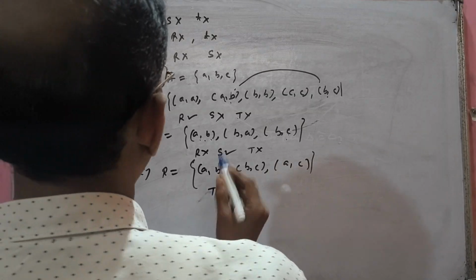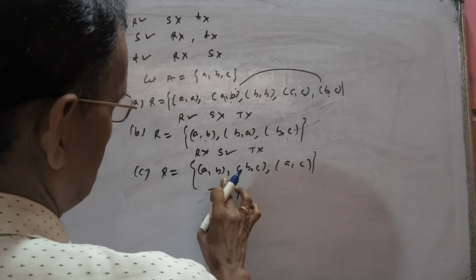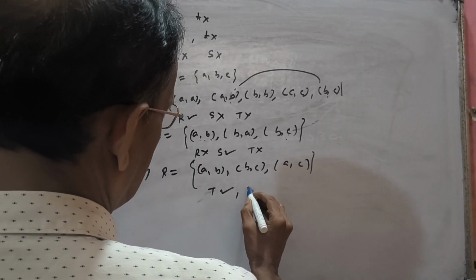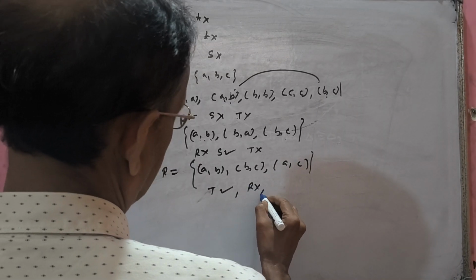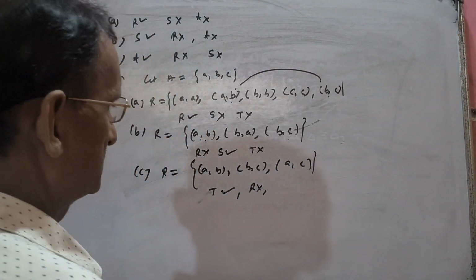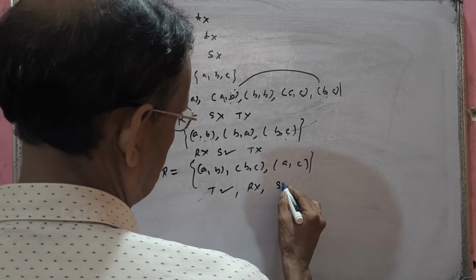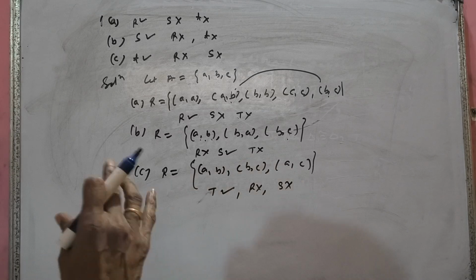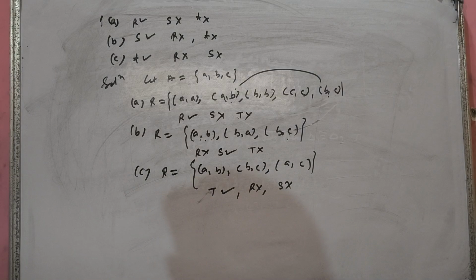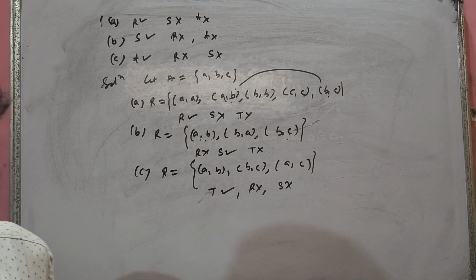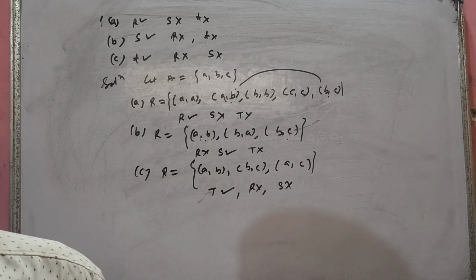Okay. (A, A) not here, (B, B) not here, (C, C) not here, so it is not reflexive. Okay. (A, B) here, but (B, A) not here, (B, C) here, but (C, B) not here, it is not symmetric. See, it will give you a clear concept of what you are doing. Okay, this is number one.